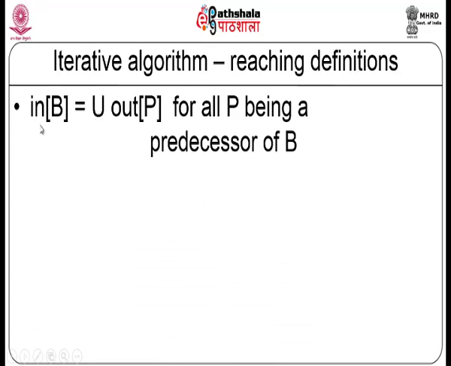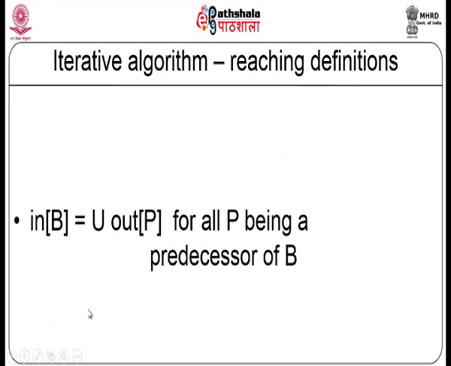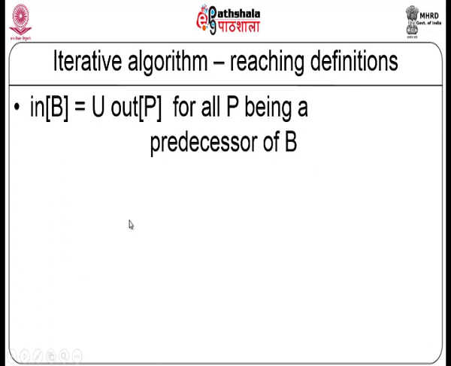So, here in of B, now we are resorting to the block representation rather than statement per statement, because your input will be a control flow graph, and therefore based on the control flow graph you will group the statements into blocks. So, a single block will be looked upon as a statement. Whatever we have talked about with reference to statement per statement is now looked upon block by block.